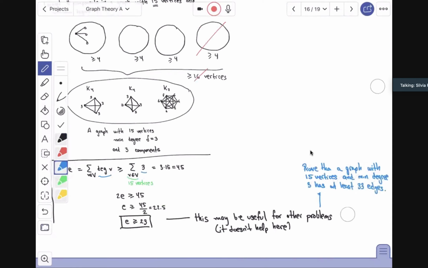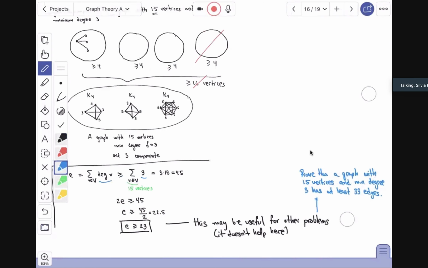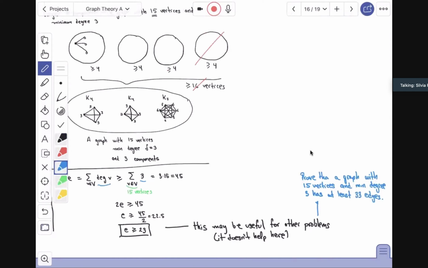So it will help you for something like this. If you want to bound edges, you can use that. If you have something given about the degree and the number of edges, then you can always bound the number of edges.